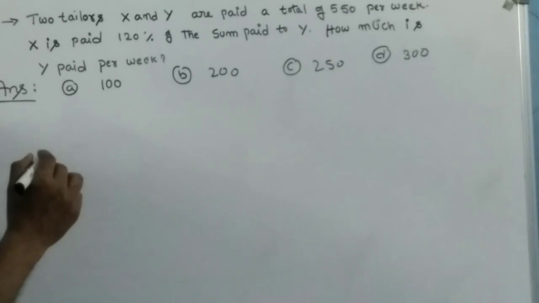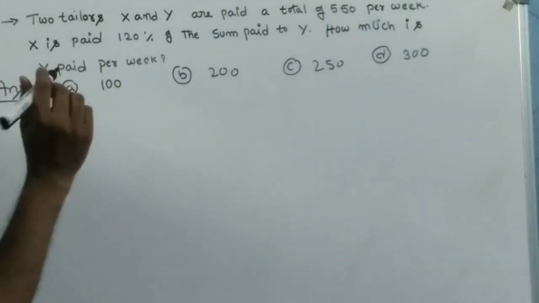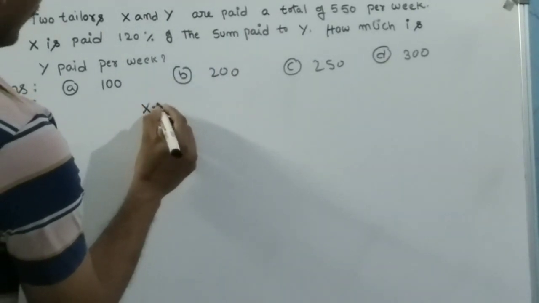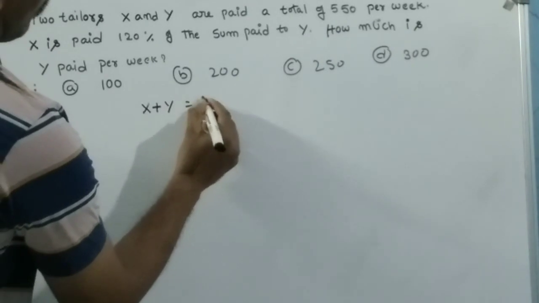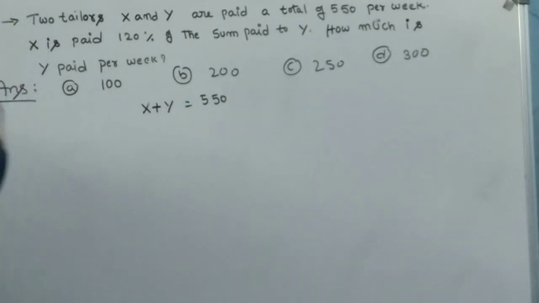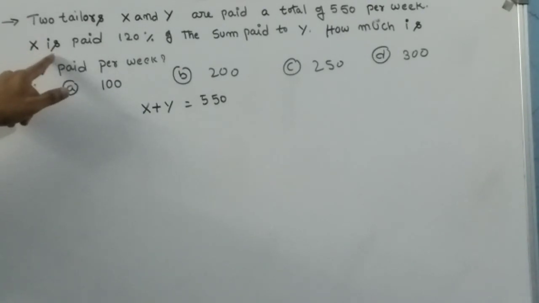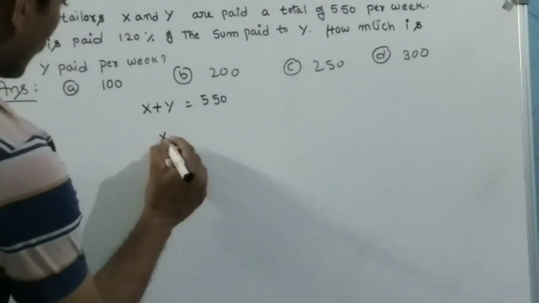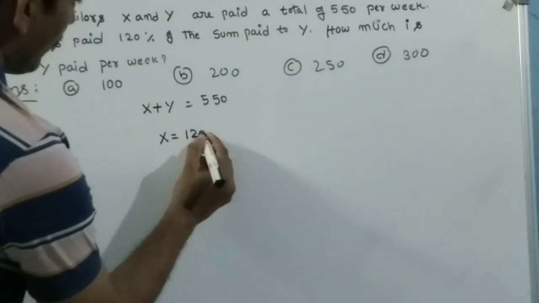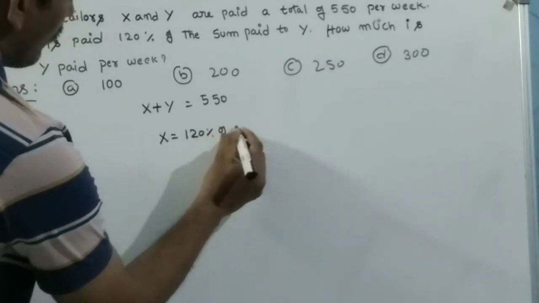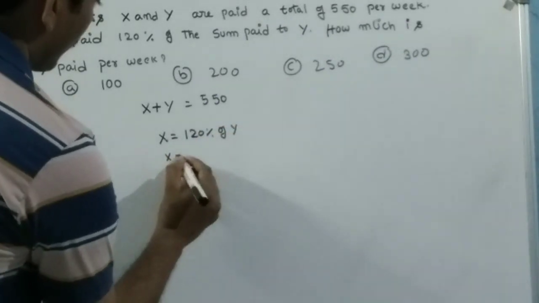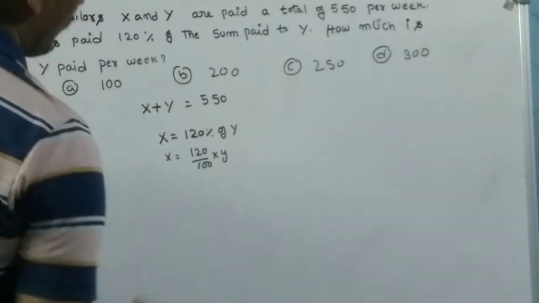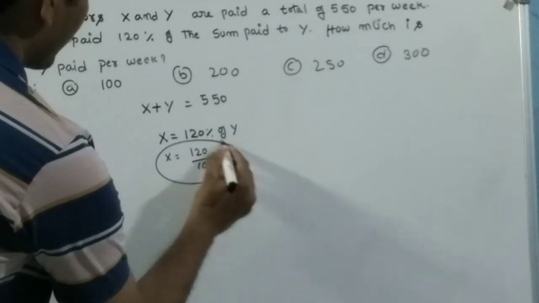Now what we have to calculate? How much Y is paid per week. Total how much? 550. That means X plus Y equal to 550. Then next one has given, X is paid 120% of the sum paid to Y. That means X equal to 120% of Y. That means X equal to 120 by 100 into Y. Now we will substitute this X here.